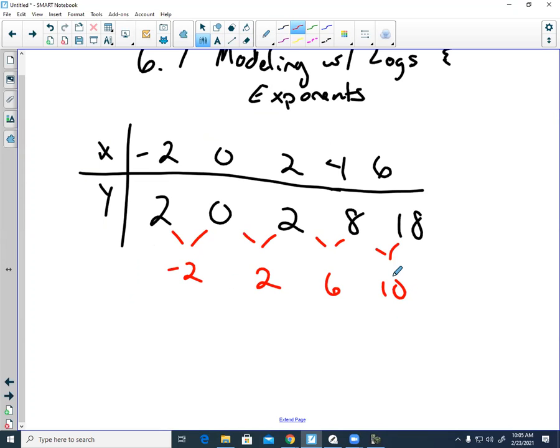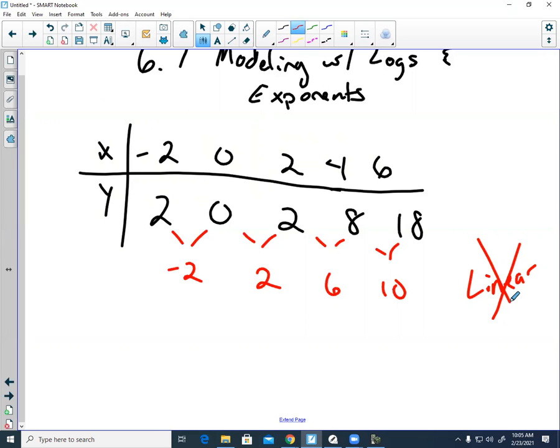If they were the same after doing this one time, it would have been a linear equation. This is not linear because those numbers are not the same. They would literally have to be the exact same number. Since they're not, I'm just going to move on to the next one.